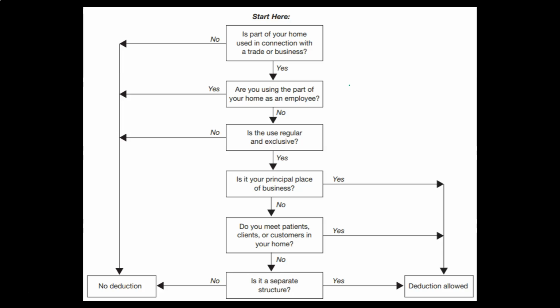Are you using the part of your home as an employee? If you're saying yes, meaning you're an employee and you're not a sole proprietorship, then no deduction right there, because it typically applies to the sole proprietorship. If no, meaning it's not for W-2 wages, but possibly for something else such as a Schedule C or sole proprietorship, then we move on and see if we can take the business use of the home deduction.